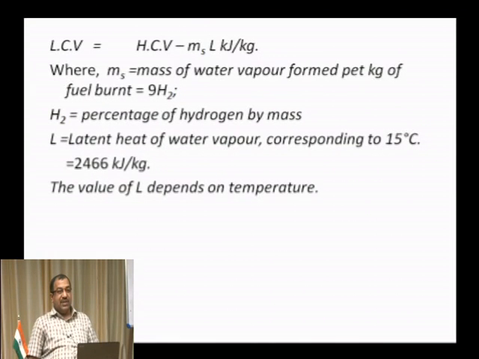So, we are expressing it in terms of an equation. Lower calorific value is equal to higher calorific value minus ms into L, kilojoules per kg in case of solid and liquid fuel, where ms stands for mass of water vapor formed per kg of fuel burnt, that is approximately equal to 9 times H2, where H2 stands for percentage of hydrogen by mass, not by volume.